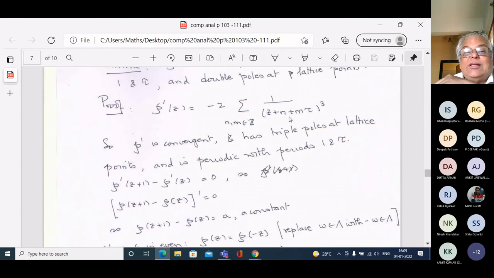It has triple poles at the lattice points and it is periodic with periods 1 and tau. Therefore, (P(z plus 1) minus P(z)) prime is equal to 0. And therefore, P(z plus 1) minus P(z) is equal to A, some constant. And this is true in some region and therefore it must be true everywhere.